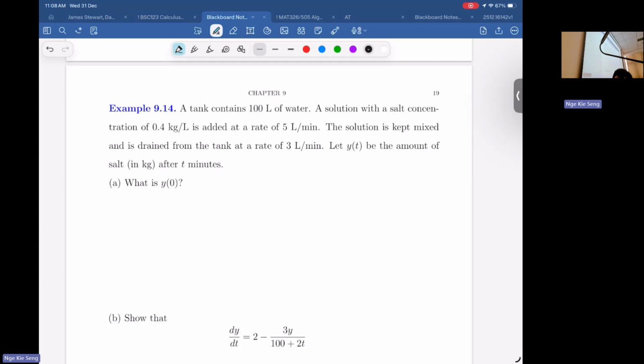All right. First of all, what is y0? Meaning, what's the amount of salt at the zeroth minute? How should we take this? y is the amount of salt, and what is y0?